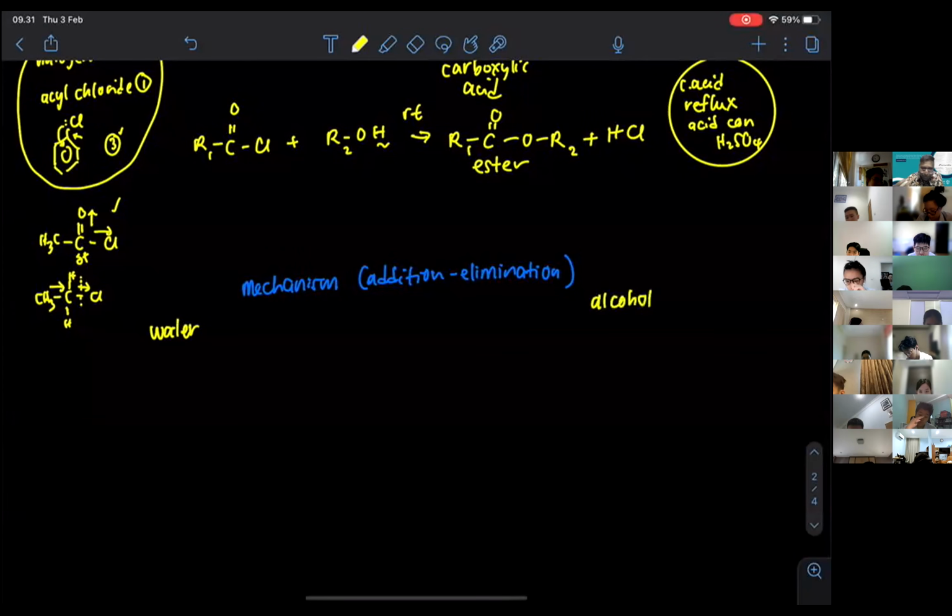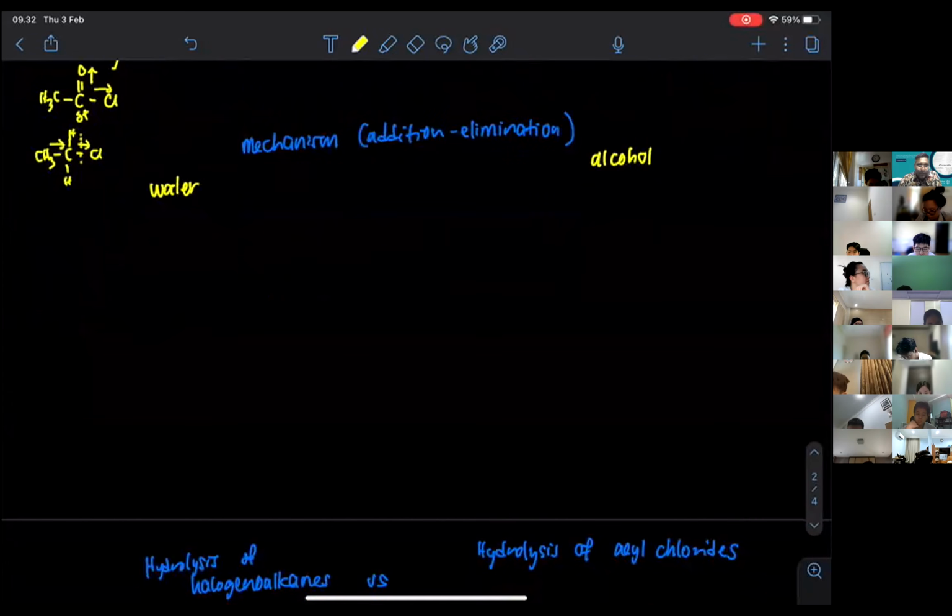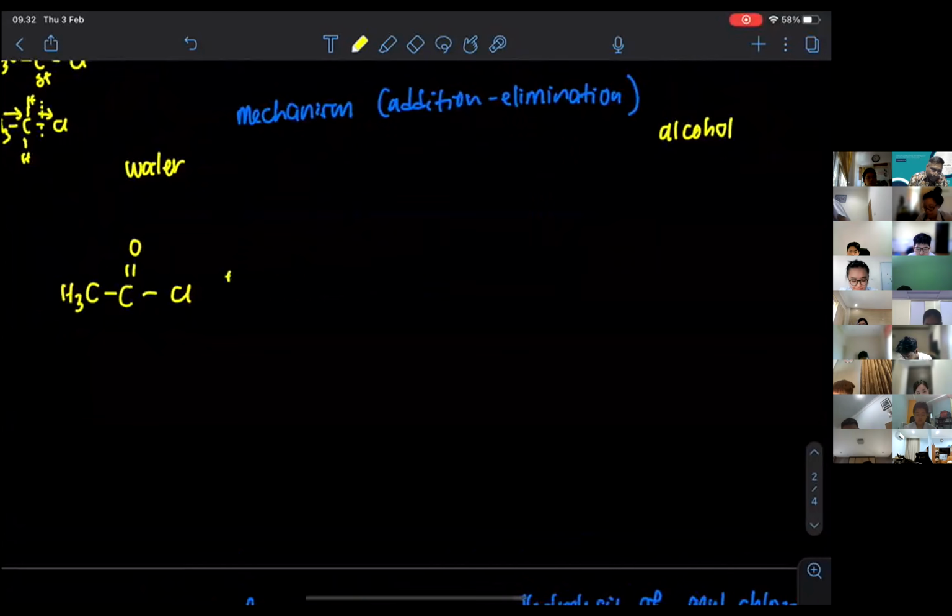But I'm very sure if you know these two, you can deduce how to use the amine and how to use ammonia, no problem. So I'll show you the mechanism. Let's say we have an acyl chloride, C double bond O Cl, with CH3, and I'm going to react it with water.